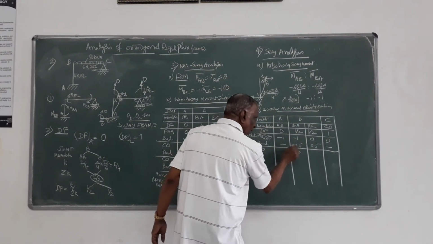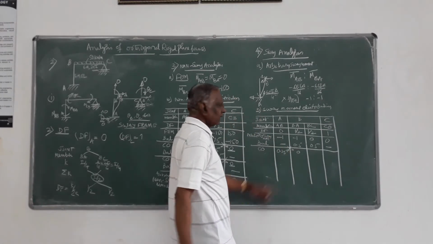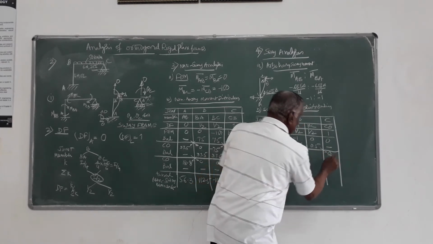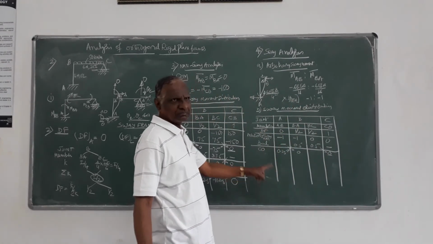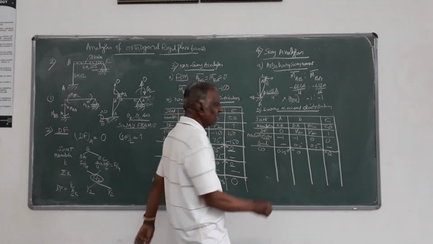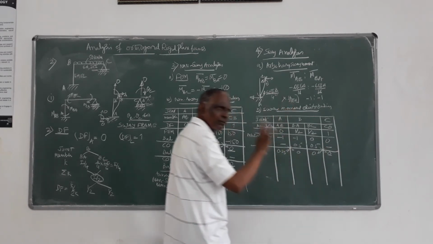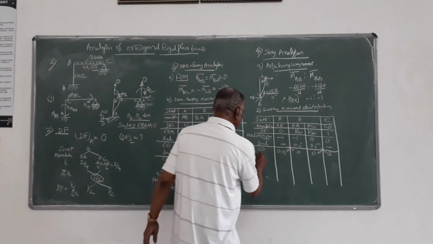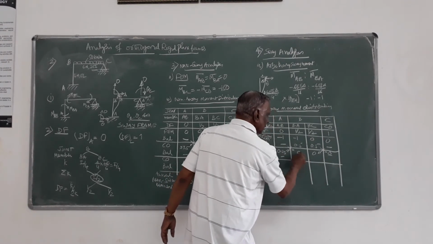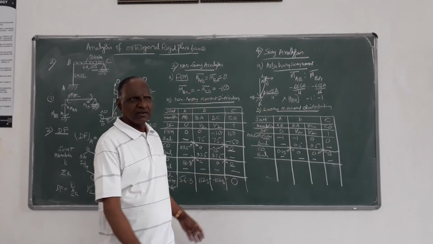BA to AB, half this value, it can come 0.25. Then BC to CB, it cannot go because that C end is roller, right? As we have here, same thing we have to do. Then CB to BC, 0, it is 0 by 2, 0. Then balance, nothing. Here automatically the work stops, right?